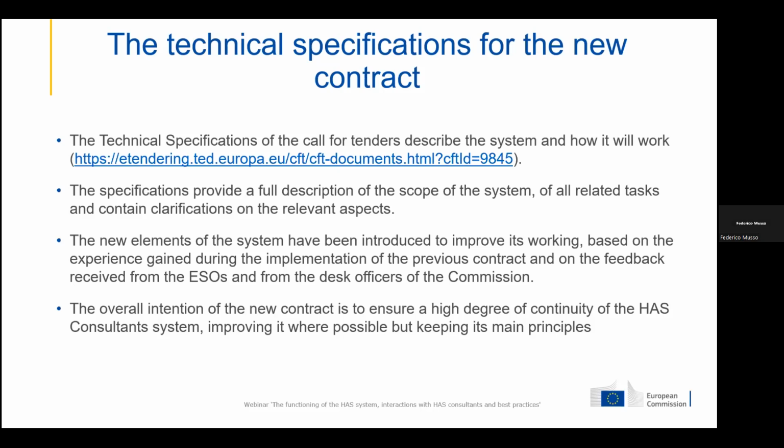It provides a very detailed description of the system, and clarification on the tasks and how they should be carried out. So if somebody has a doubt or wants to understand better how specific aspects or tasks of the HAS consultant must be intended, what they are supposed to do or not, this technical specification, which is a publicly available document, the link is here in the slide, provides all this information. As a reference document, it can sometimes be very useful.